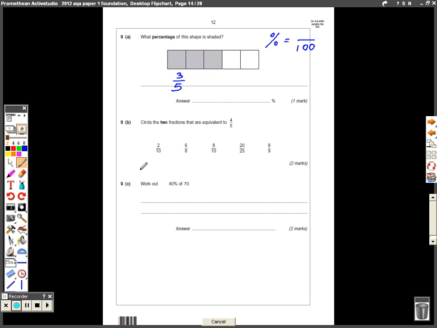And 3/5 can be changed into a fraction out of 100. If I multiply top and bottom by 10, I would have 30 out of 50. If I multiply top and bottom by 2, I'll get 60 over 100, and 60 over 100 is 60%, which gives this out of 100.